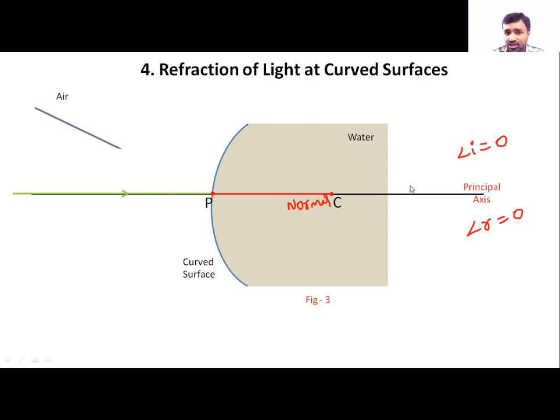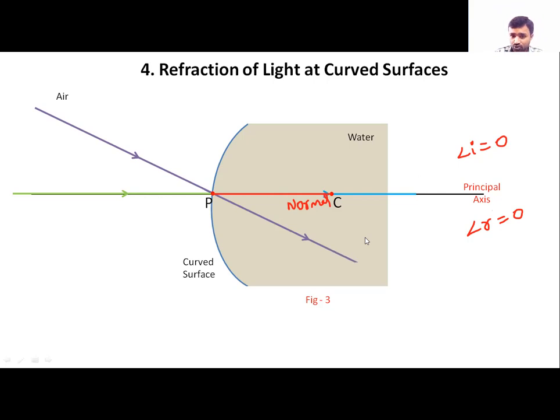Then one more ray is taken, passing through the pole. In this case also, you cannot see any bending, right? So after refraction, they propagate in the same direction.